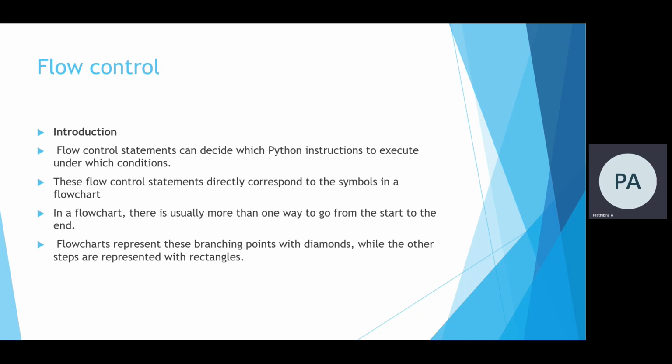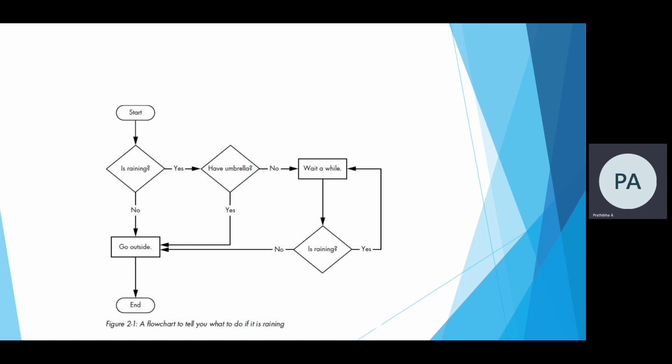In a flow chart there is usually more than one way to go from the start to the end. A flow chart represents the branching points with diamonds, while other steps are represented with rectangles. You can see this is just an example we have taken for flow control explanation. So we are writing start and end. Is it raining?